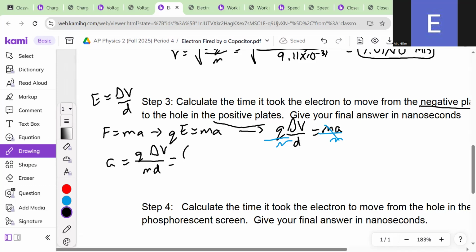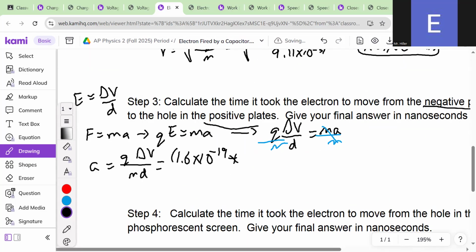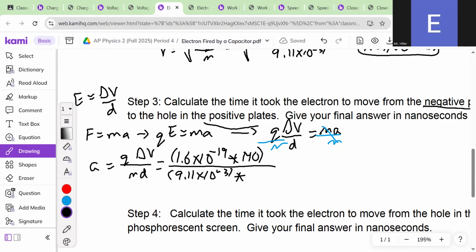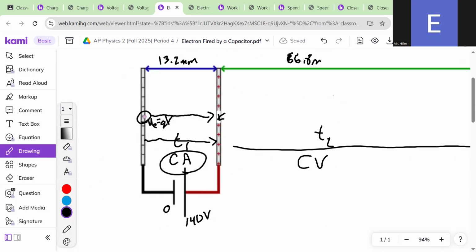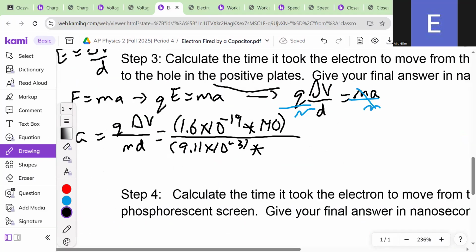So I have my charge, 1.6 times 10 to the negative 19, times my potential difference, in my case 140, over the mass of the electron, 9.11 times 10 to the negative 31, times the distance. Now my distance is that little itty bitty distance of 13.2 millimeters. You have to convert that to meters, so 0.0132 in my case.